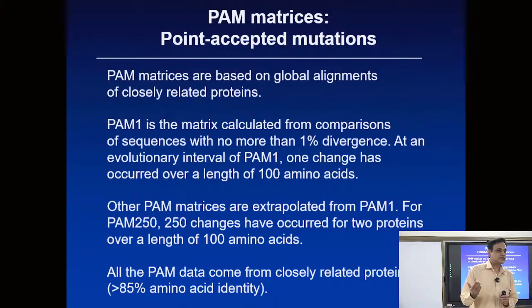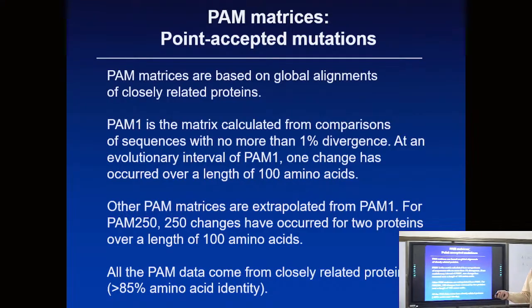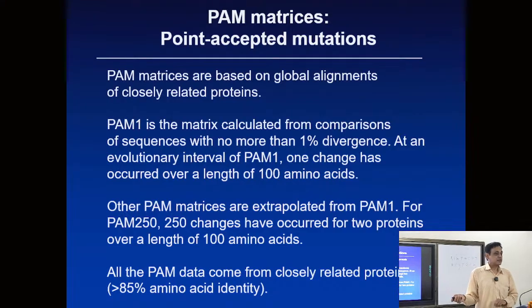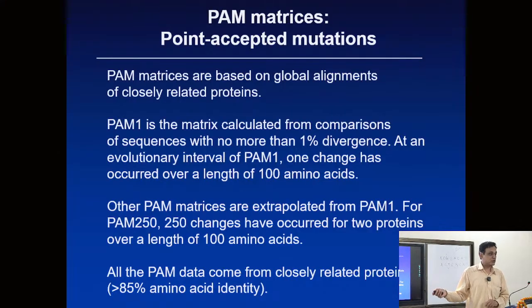On the other hand, PAM50 will reflect 50 changes over 100 residues in the alignment, and so on. PAM250 means 250 changes over 100 residues in the alignment.